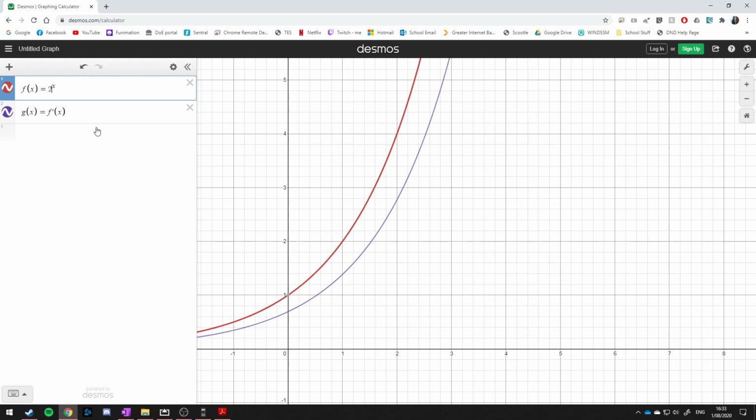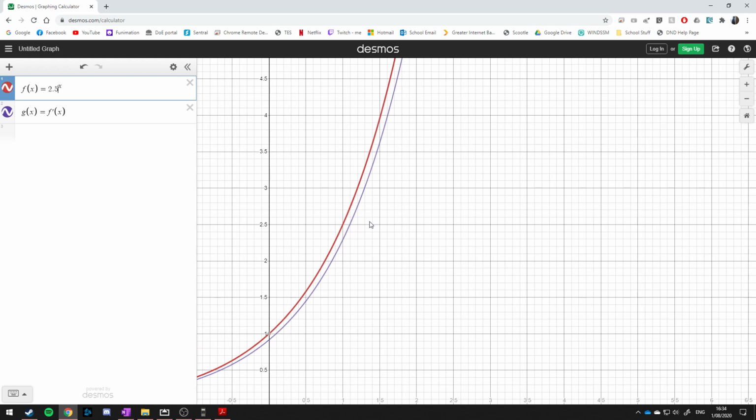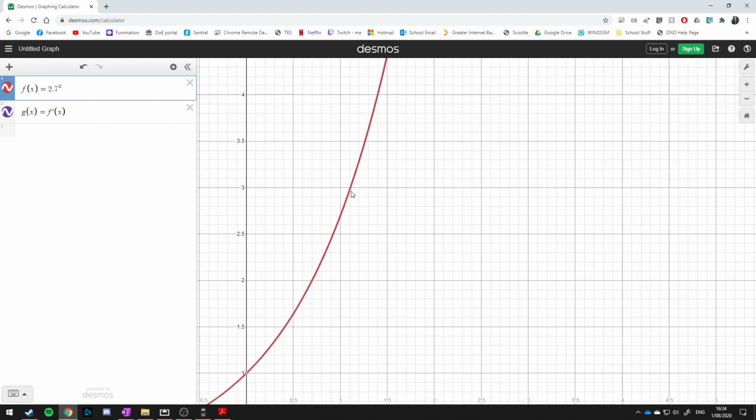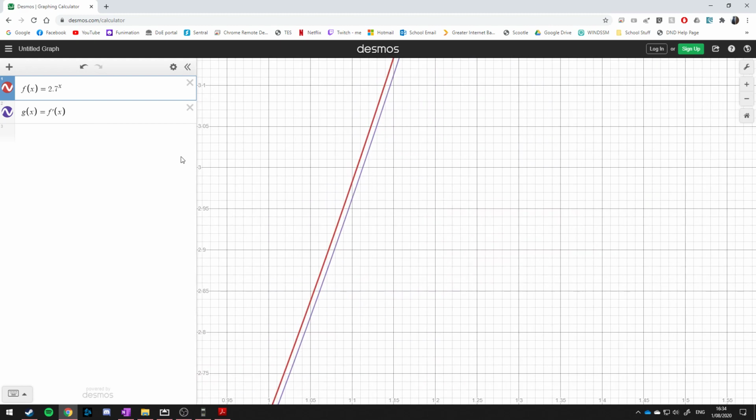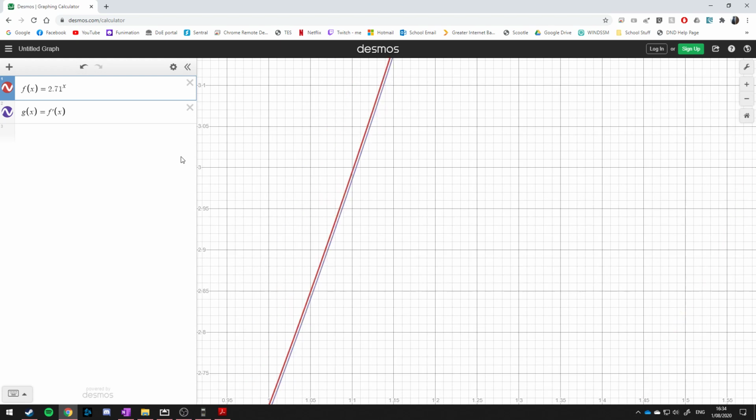So it's got to be between 2 and 3, because 2 is too small and 3 is too big. Halfway between 2 and 3 is 2.5, which is not quite big enough yet, so try 2.6. 2.6 is not enough, 2.7 looks pretty much spot on, but there is a little bit of a gap. 2.8 is too big, so 2.71, 2.72, 2.72 is too big, and so on and so forth.